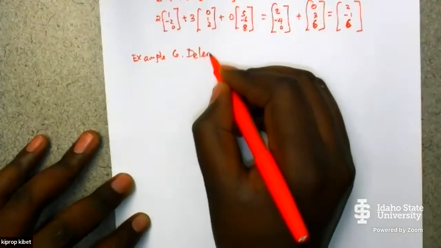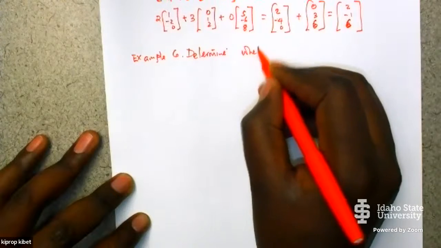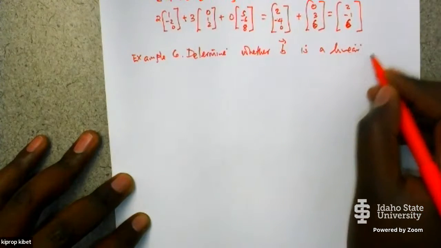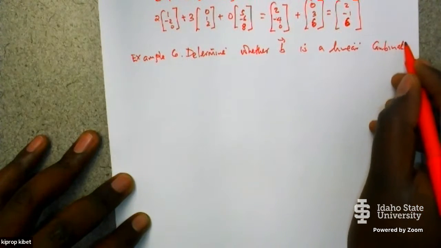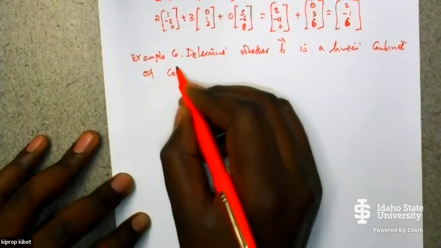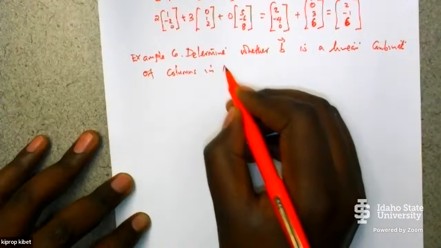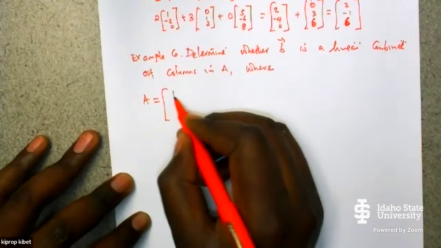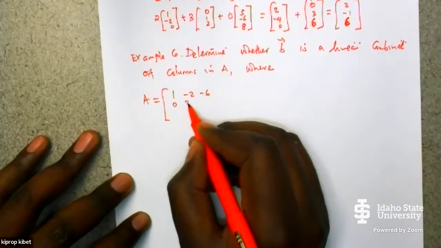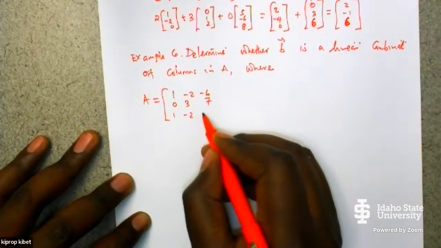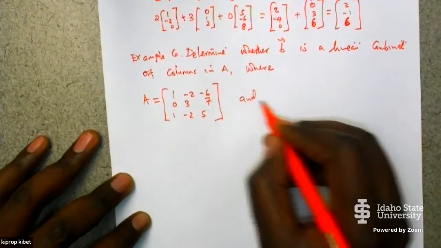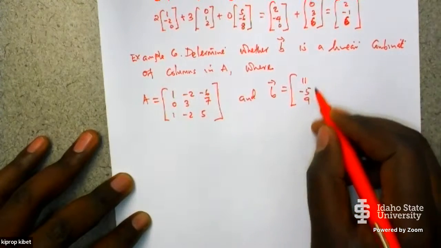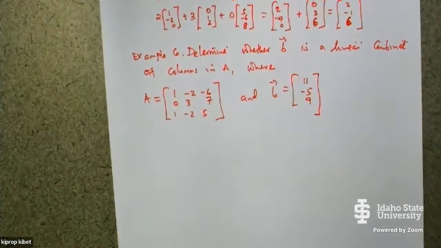So determine whether the vector B is a linear combination of columns in A, where our A equals 1, -2, -6, 0, 3, 7, and then 1, -2, and 5. And our B equals 11, -5, and 9.